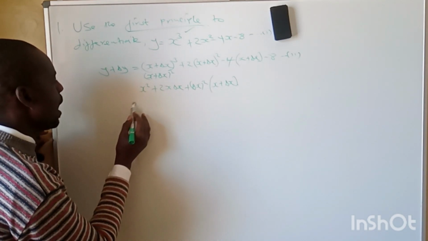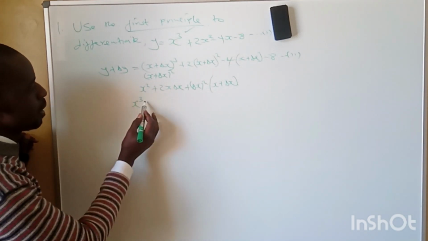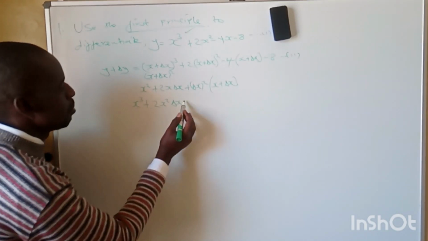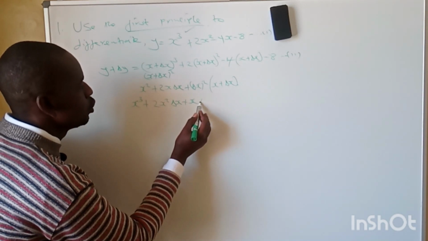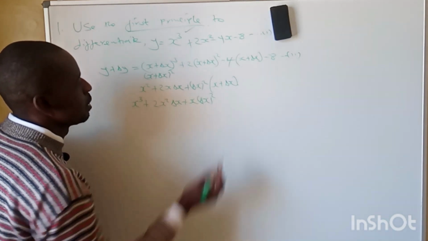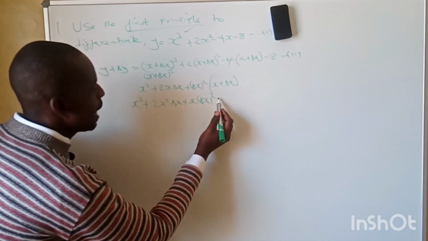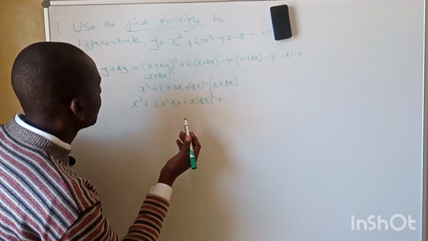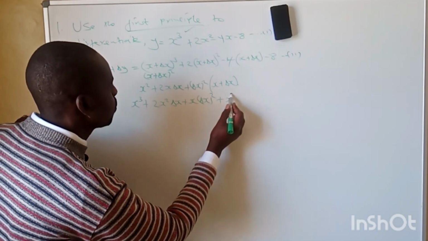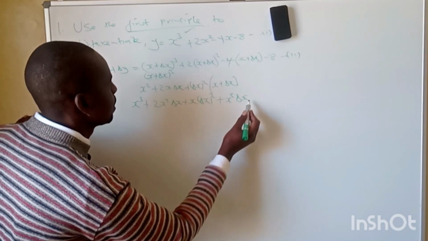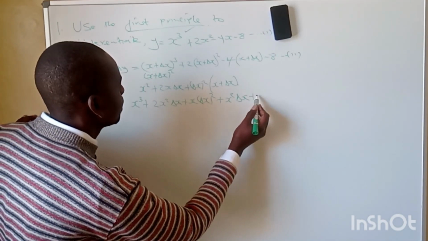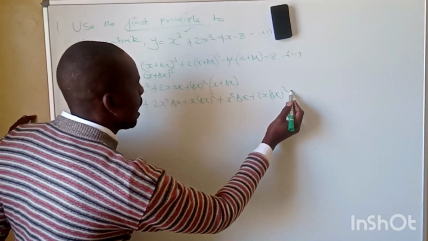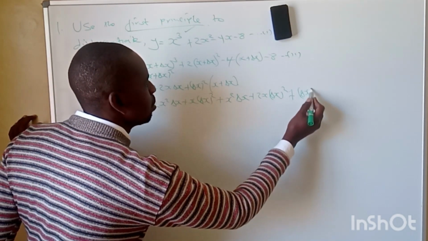We have x cubed plus 2x squared change in x plus x change in x squared, plus multiply by change in x everywhere with everything, and we have x squared change in x, then we have plus 2x change in x squared plus change in x cubed.